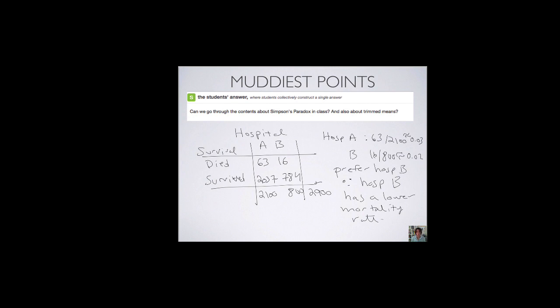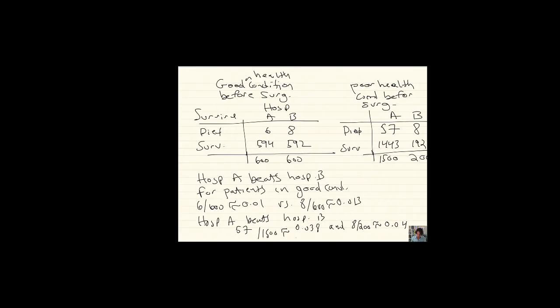So we can see that if we look at the joint distribution, which is back over here, this is the joint distribution between survival and hospital, and then we look at the conditional distribution of which hospital had a higher mortality, it looks like it was Hospital B. But now if we split, if we had information on their health status prior to surgery, it looks like Hospital A beats Hospital B. And that's the paradox.